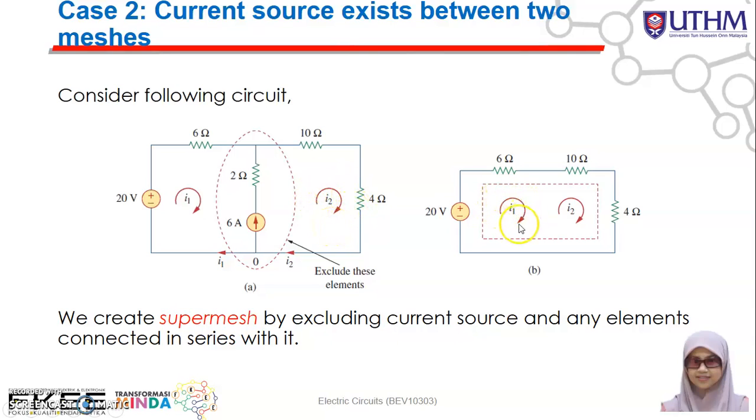So here also I1, and here also I2. I1 flows through the 20 volt and the 6 ohm, and I2 flows through the 10 ohm and the 4 ohm. Once we create the super mesh, then we can apply KVL to it.